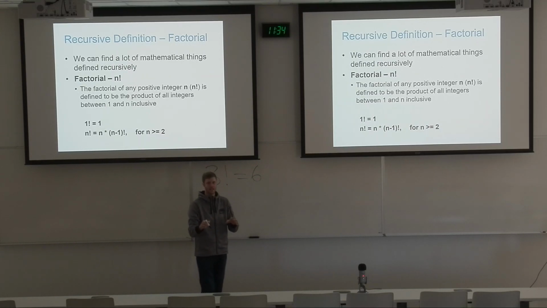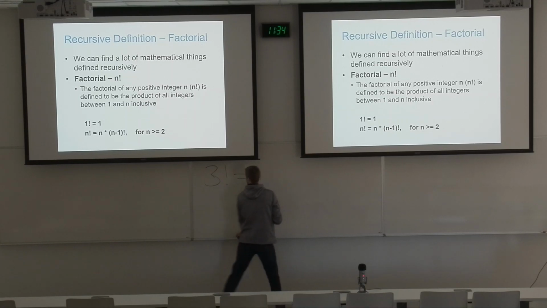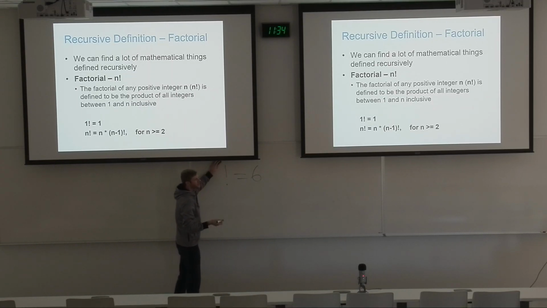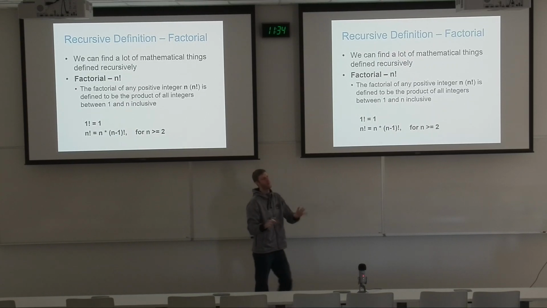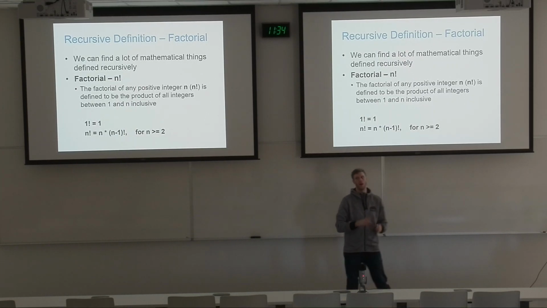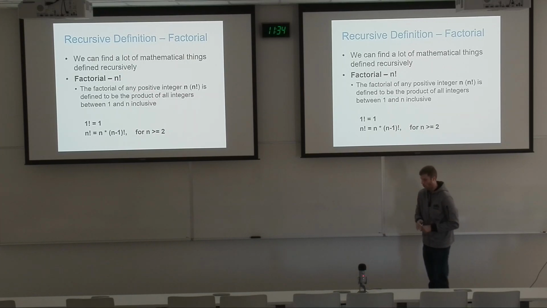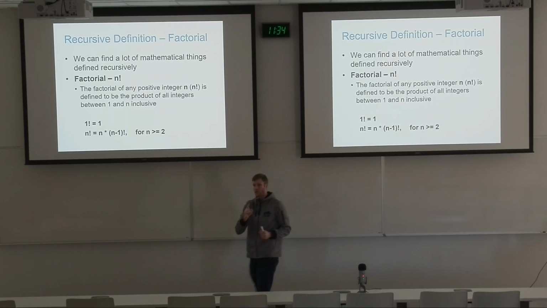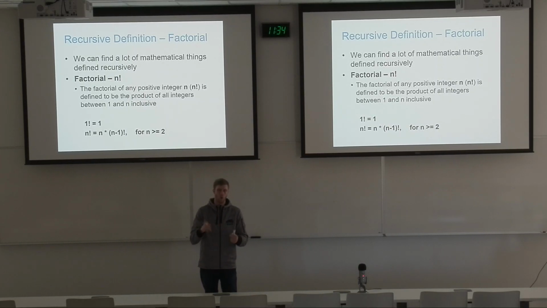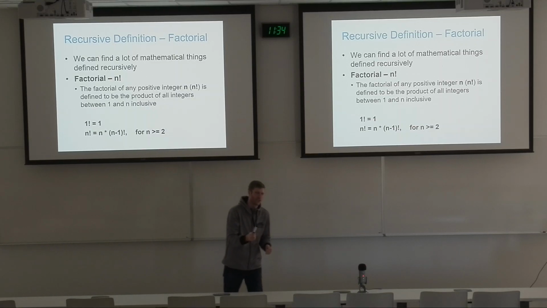The point I'm making is, if I wanted to know n factorial, in the process of finding the solution to n factorial, I will also answer what the factorial is for all numbers less than n as well, that are positive integers.